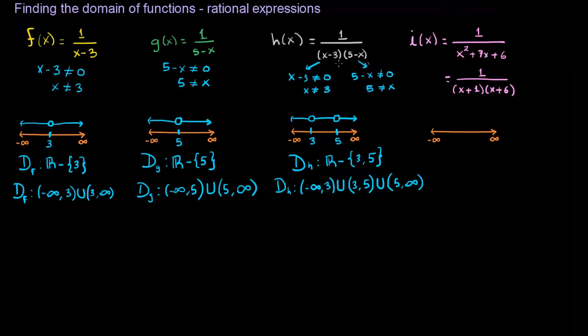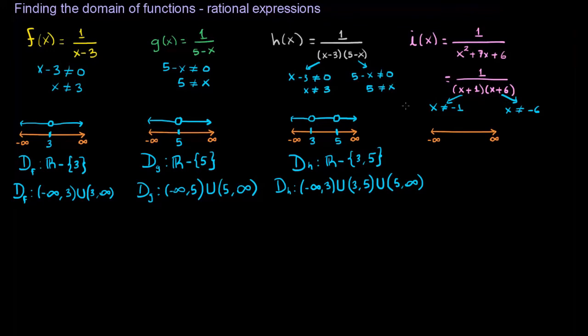Now from here on, it's pretty much the same thing as the previous example. Just take each factor like this, and you will do basically the same thing. We can jump to the fact that x is different from -1, and in this case x is different from -6. You can do this isolation of x on your own.